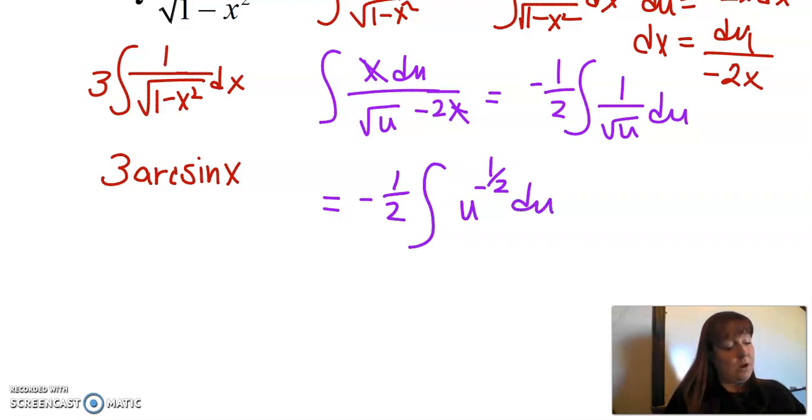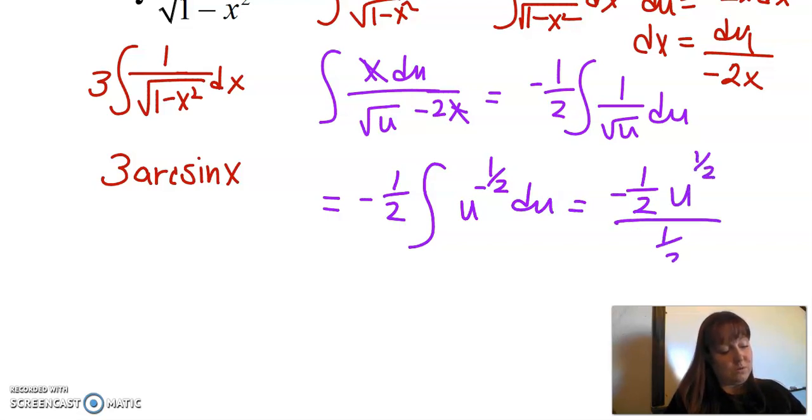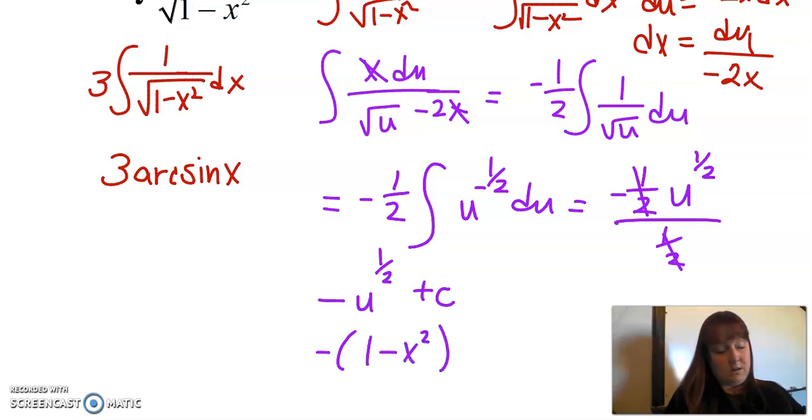We just add 1. So this is negative 1/2 u to the 1/2 over 1/2. Well, 1/2 divided by 1/2 cancel each other out, and I just get negative u to the 1/2 plus c. And then I have to replace my u, and my u was 1 minus x squared, so negative 1 minus x squared to the 1/2 plus c.